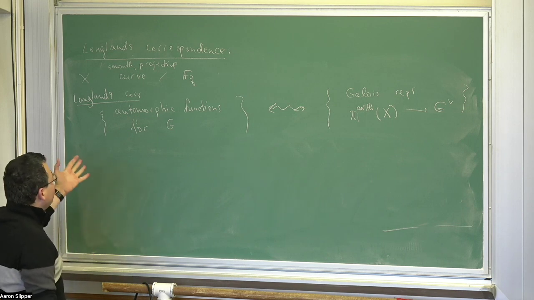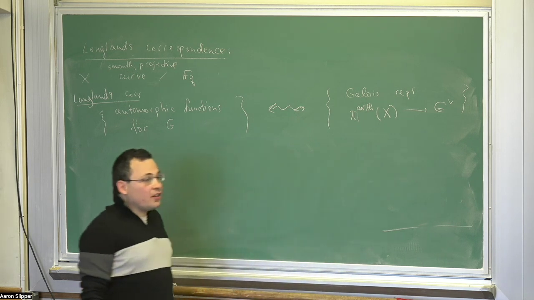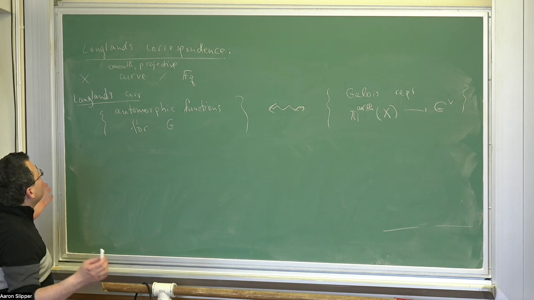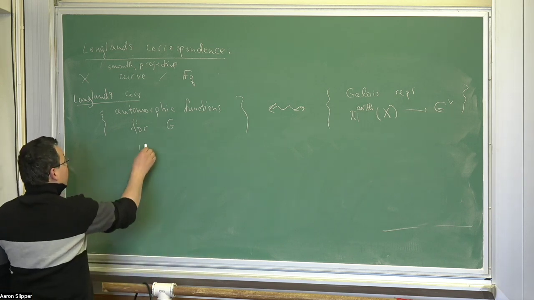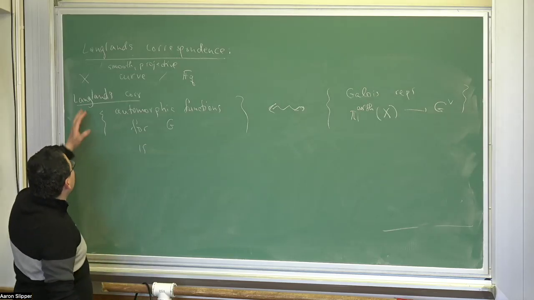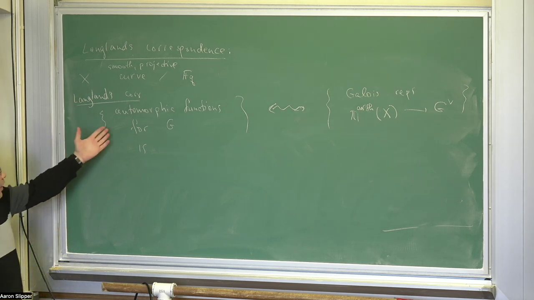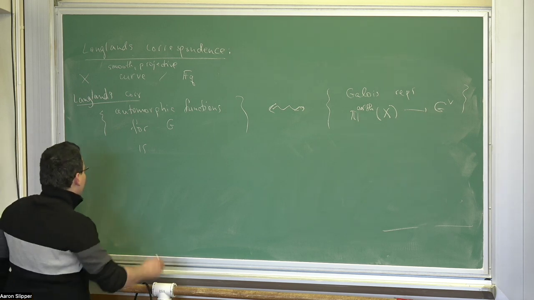But I want to first motivate the idea of looking at this right-hand side in this way by looking at the left-hand side. One thing that's specific to this setting that's a very fruitful idea is that whatever this space of automorphic functions is, using this geometric setting, it has a very nice interpretation in terms of algebraic geometry.